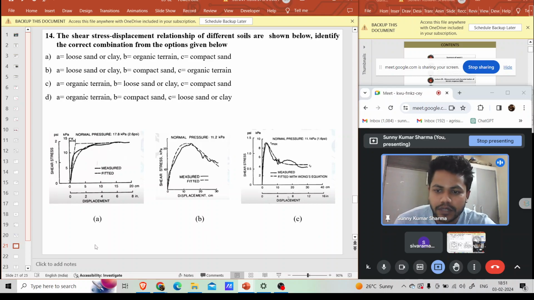So in this question, you have to tell which type of soil A is, which type of soil B is, and which type of soil C is. This is the shear stress displacement relationship between the three soils.